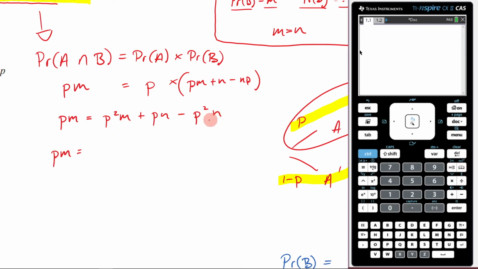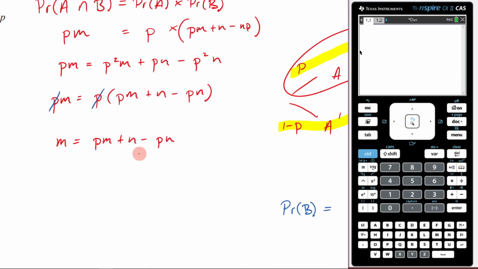Well, you might think, there's a P everywhere here, so let's take a P out. Then once I've taken a P out, this P will cancel with this P. And now I'm left with M is equal to PM plus N minus PN. You can already see how stupid this is.